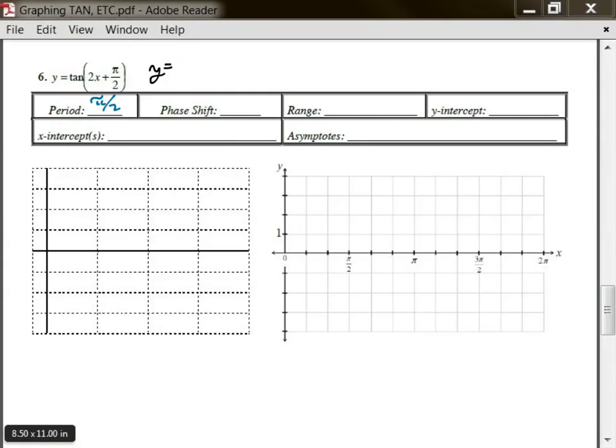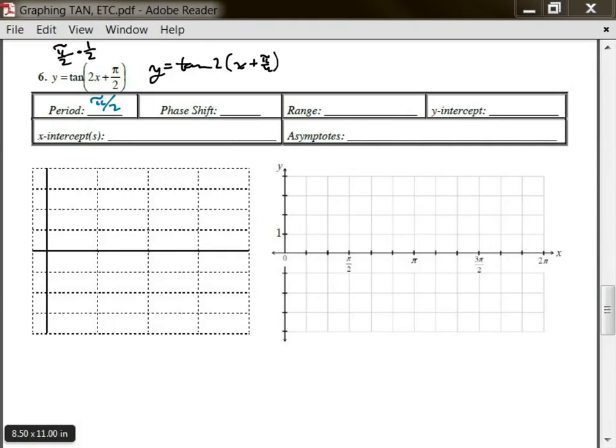So we have y equals tangent, and we take the 2 out, and we have x, and now we have this divided by 2. And remember, dividing this by 2 is the same as multiplying it by 1/2, and so we have plus pi over 4, which tells us what our phase shift is.